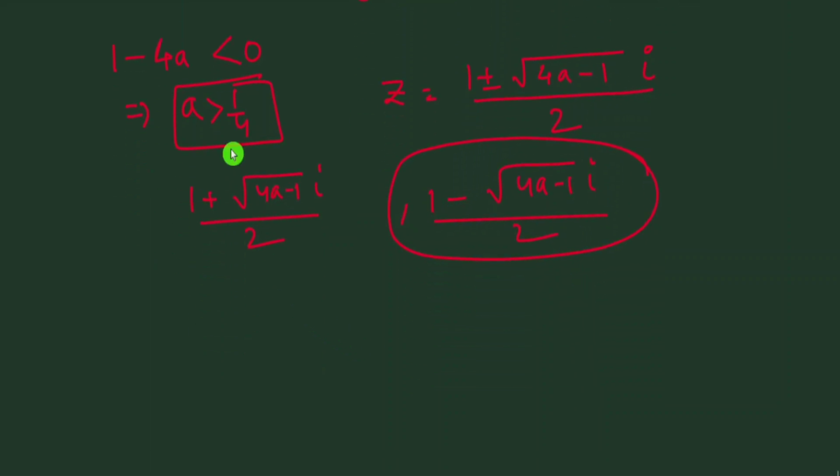How can we check that? Now the value of a is greater than 1 by 4, then we can take a value of a.